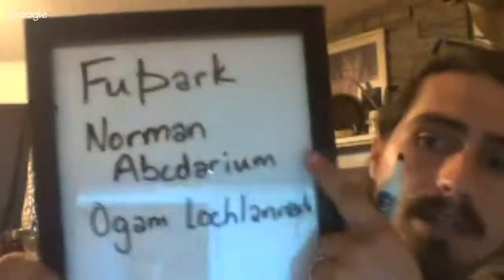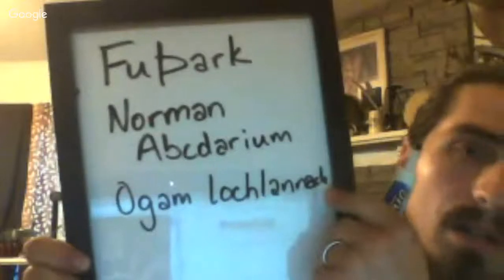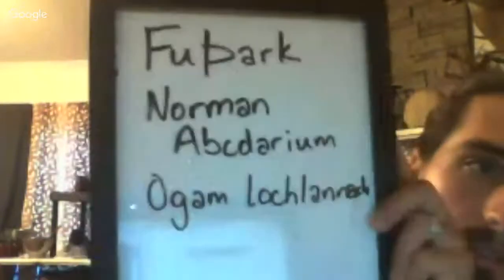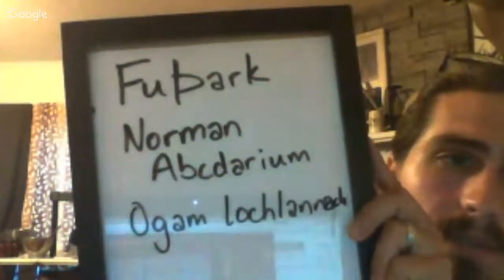At least I don't know it very well. The Oum Lach Lenach. So you've got the Norman ACB Darium and the Oum Lach Lenach, which means the Oum of the Scandinavians. And that second one is found in the Book of Ballymote.